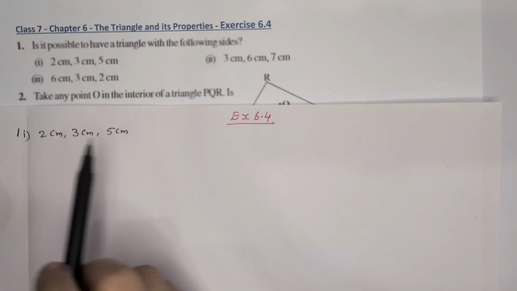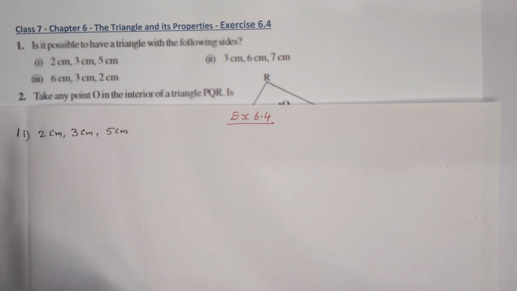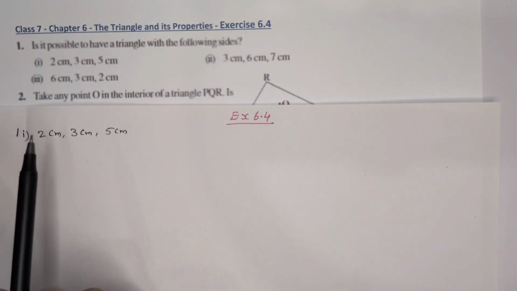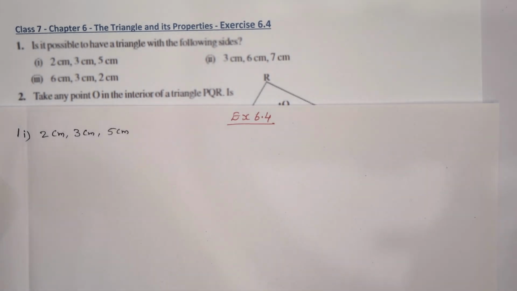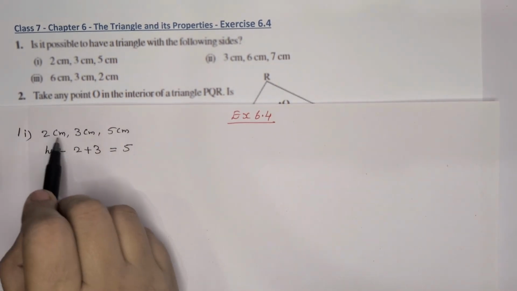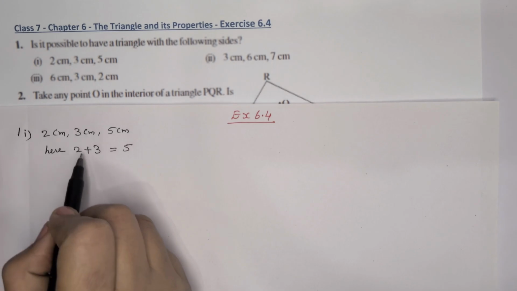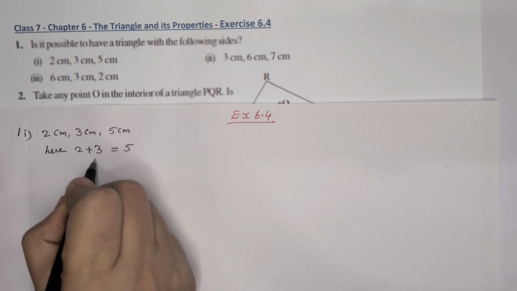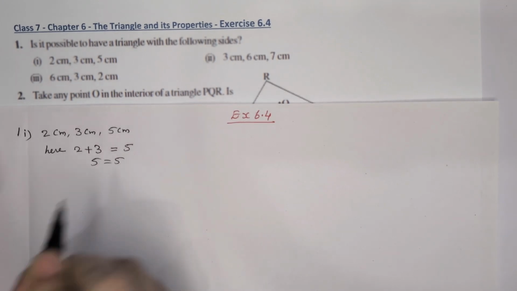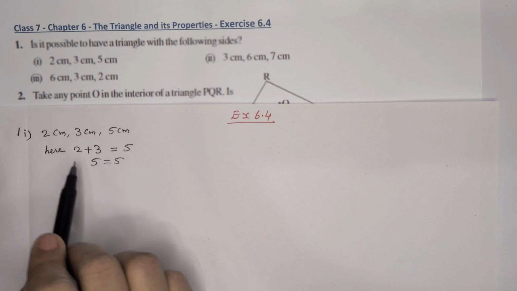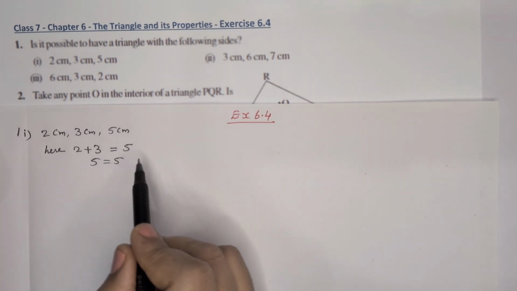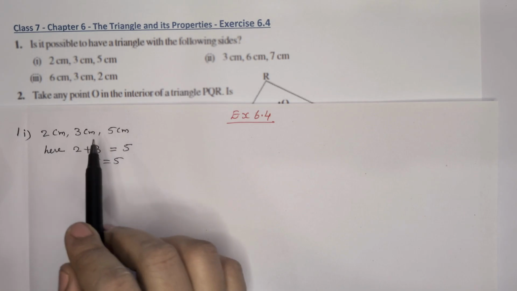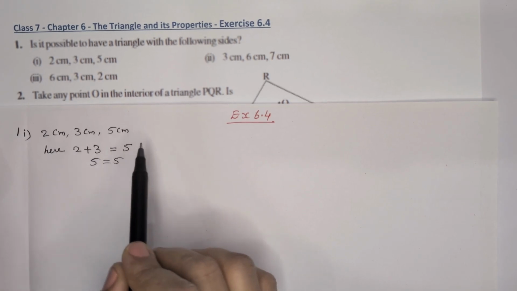Exercise 6.4, first question. Is it possible to have a triangle with the following sides? First one, 2 cm, 3 cm, 5 cm. When we are adding the first two sides, 2 plus 3, that means 5. So 5 is equal to 5 here we are getting. That means the sum of two sides is equal to the third side. So in such cases we cannot draw the triangle.